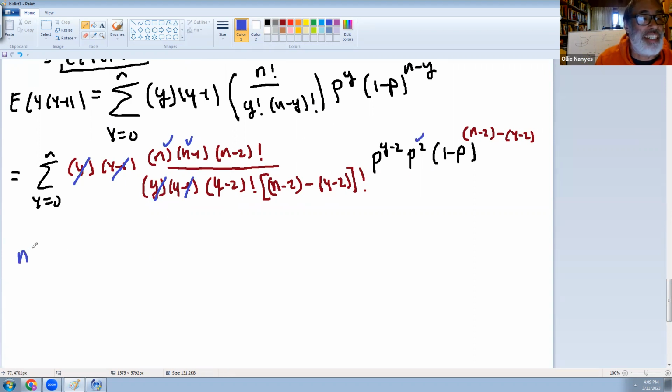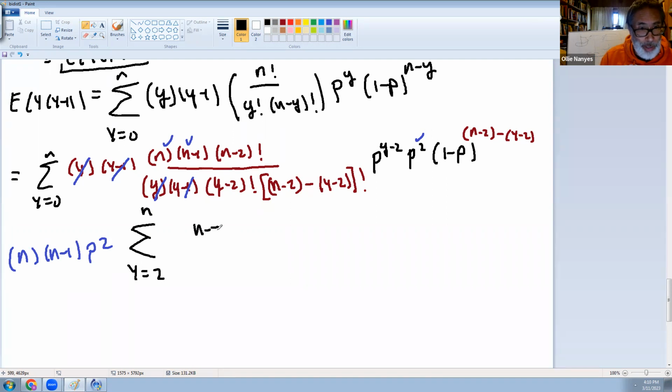So I get an n minus 1 p squared. So I factor that all out. Now I have a sum. Now notice where this starts. Y equals 0, that's a 0. Y equals 1, that's a 0. So this starts at y equals 2. And it goes to n.